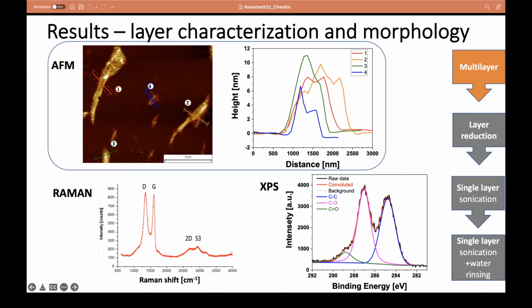In the beginning, we take graphene oxide which was multi-layer, and we get clusters with a height of about 10 nanometers, measured by atomic force microscope measurements. We also measured Raman spectroscopy and XPS spectroscopy in order to see that we get the spectrum of graphene oxide.